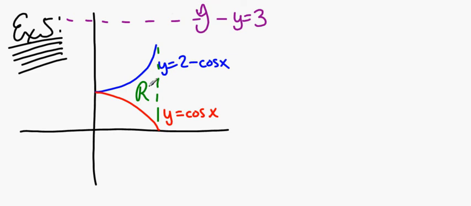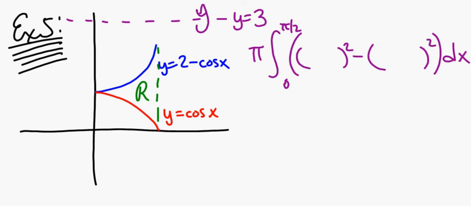And I'm pretty sure that if I take this region and I spin it around, I'm going to get some three-dimensional solid with a hole in it. And if I've got a hole in it, then I'm pretty sure I've got to go washers. And washers is pi times an integral from 0 to pi over 2 of somebody squared minus somebody squared dx. Two questions. The first question is, what is the big radius? And the second question is, what is the small radius?